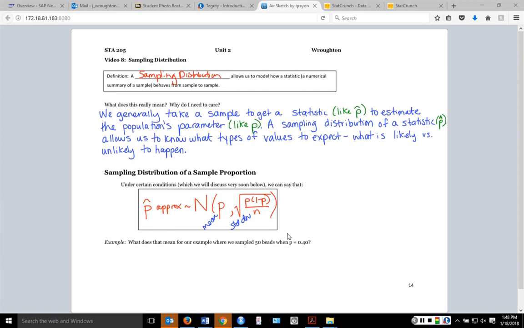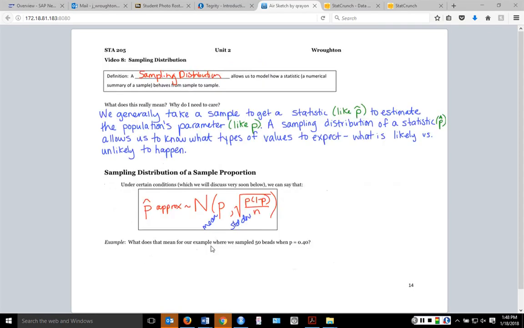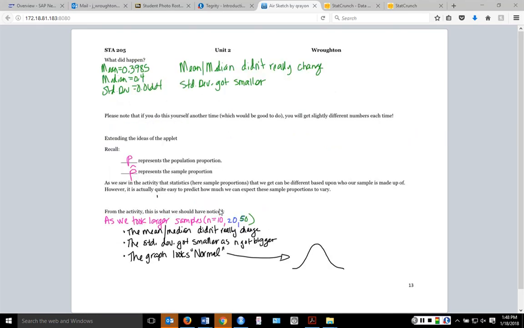Now, let's talk about what we learned in our video last time. We learned that the mean and median didn't change based upon our sample size. So you should notice here that n has no effect on the mean. We also learned that the standard deviation got smaller as our sample size got bigger.